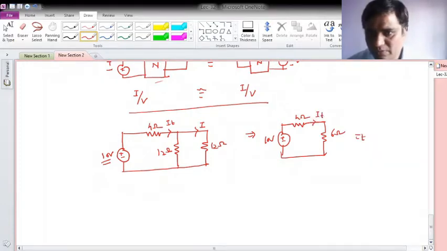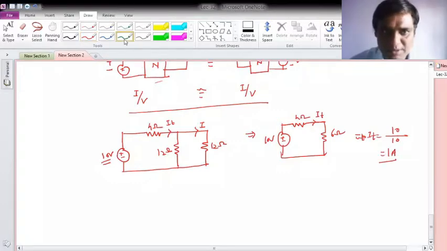Total current will be voltage divided by the resistance, 4 plus 6, so 10. So the total current is 1 ampere here. But what I am observing is that the resistances are the same, so the current will divide in equal amounts. So this will be 0.5 ampere and this will be 0.5 ampere.